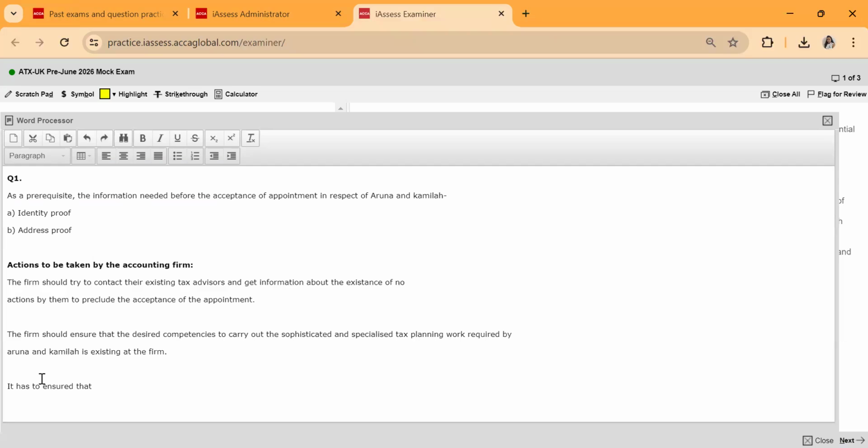that after the acceptance of appointment with Aruna and Kamila, there would be no breach to the ethical principles as per the Code of Ethics.